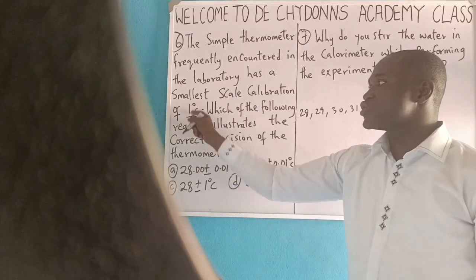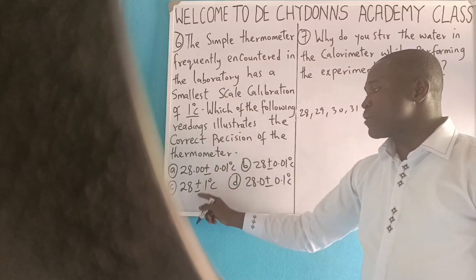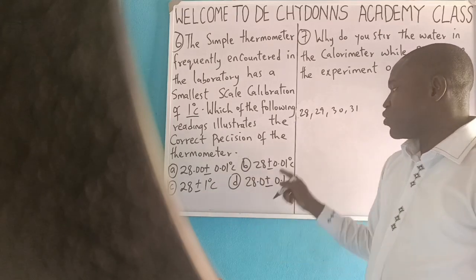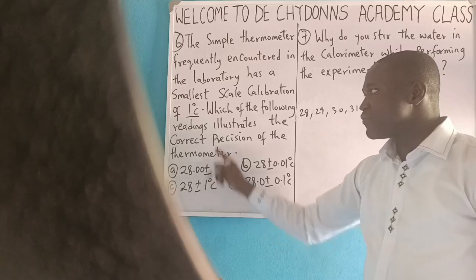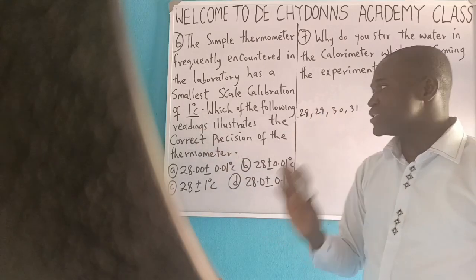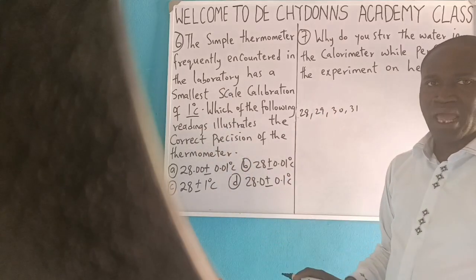If they say here is 2 degrees, it means 28 plus or minus 2 degrees Celsius. We don't have any decimal; you only have nearest whole number readings.